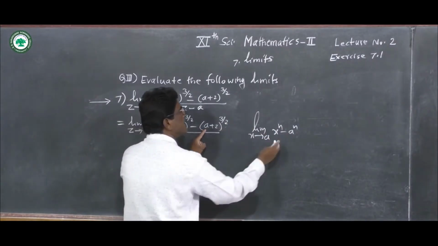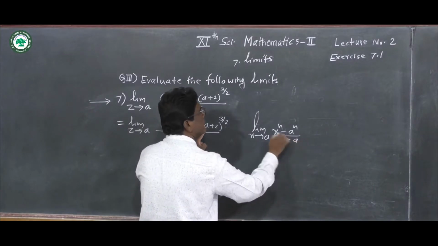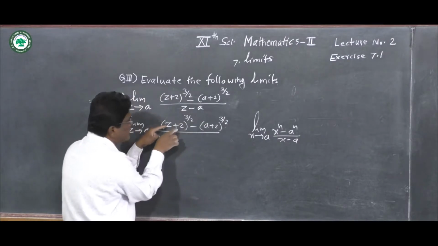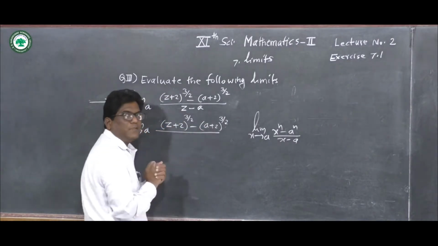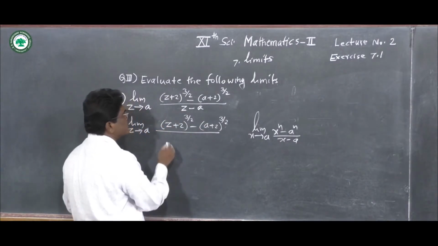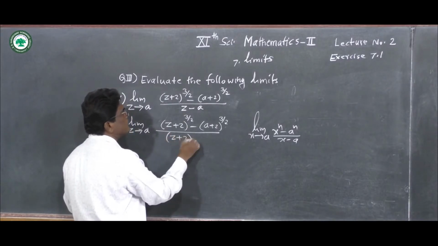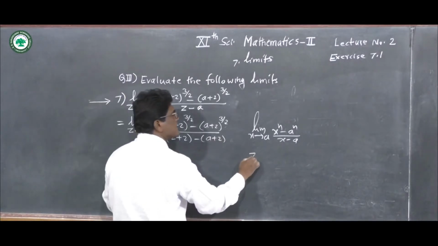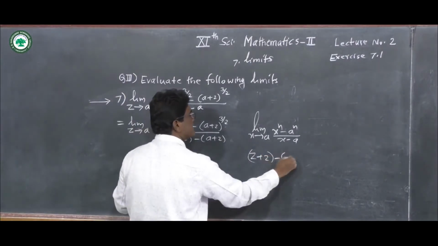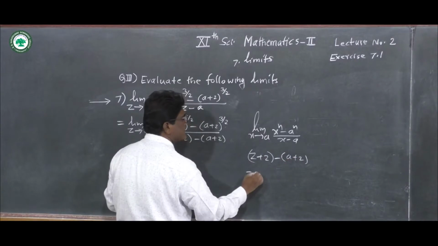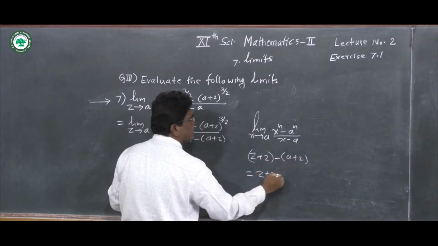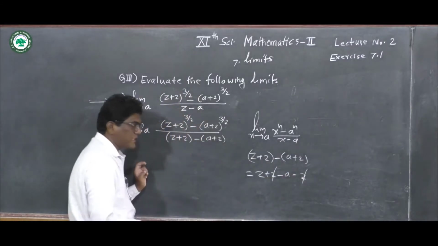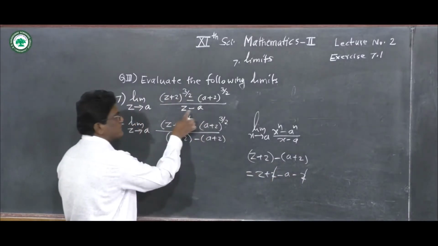In the denominator we have x minus a, which means here it should be z plus 2 minus a plus 2. We take z plus 2 minus a plus 2, because when we solve this we get z plus 2 minus a minus 2. The minus 2 and plus 2 get cancelled, so we get z minus a.